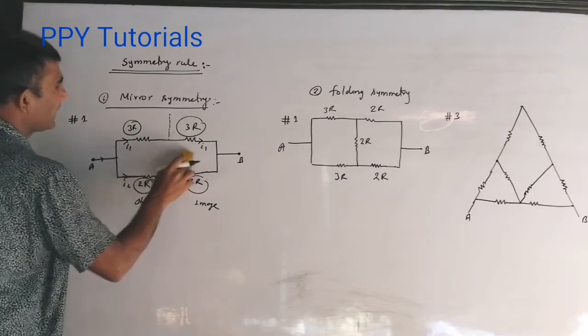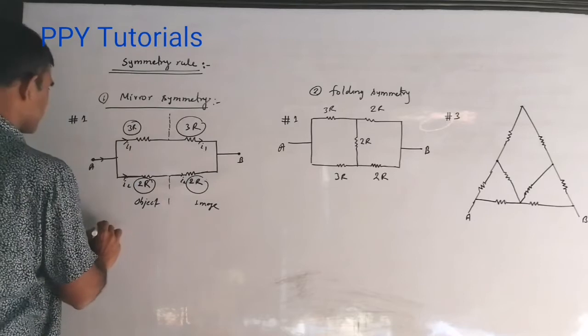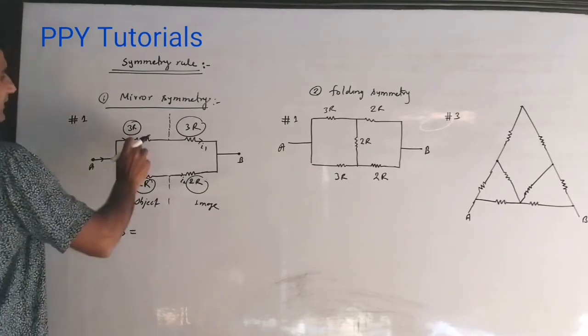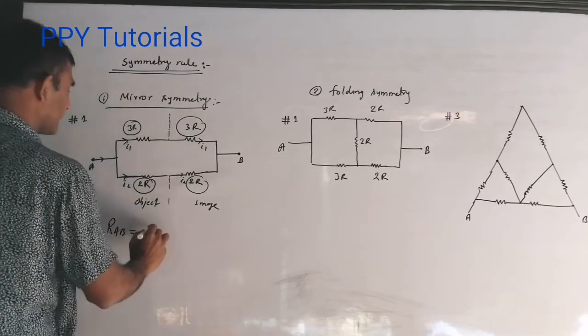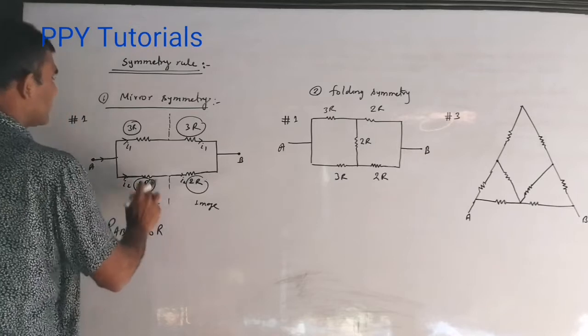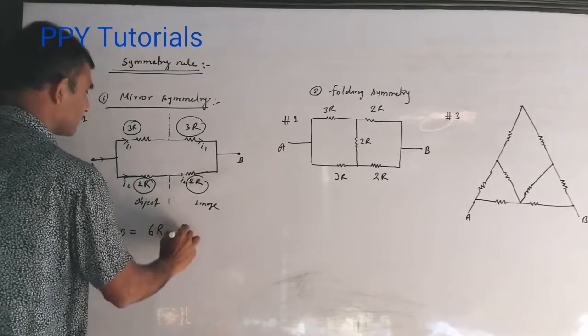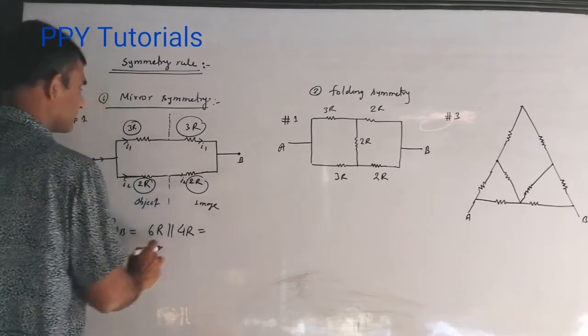And then what is left? This is very easy, parallel and series combination. So your equivalent resistance will be quite easy in this case. This 3 ohm and 3 ohm are in series, so 3 plus 3 is 6R, and here 2R and 2R are also in series, 2R plus 2R is 4R, and these two branches are in parallel, so it becomes very simple now.